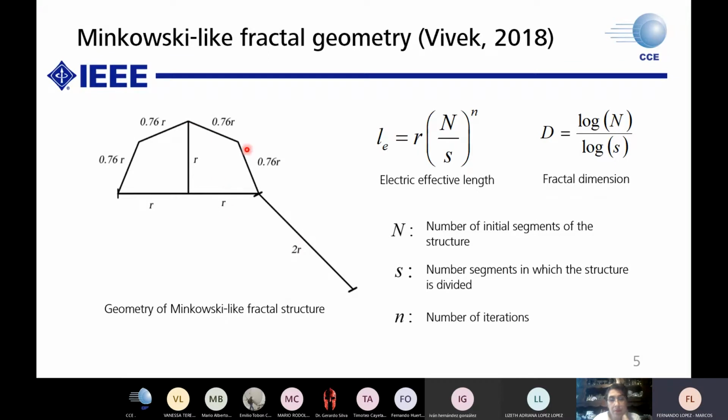This process of replication is made 3 times, denoted with this letter N. The fractal dimension is calculated with this equation, and the electric effective length is calculated with this equation.